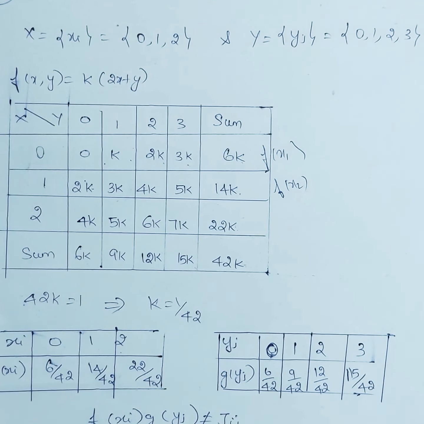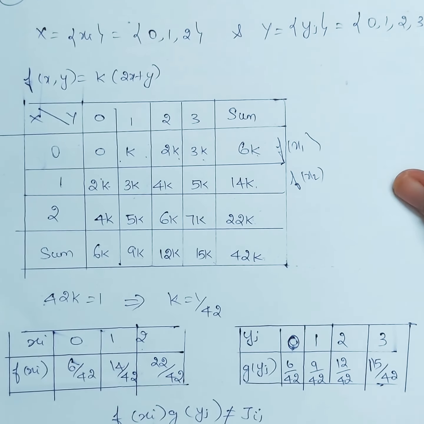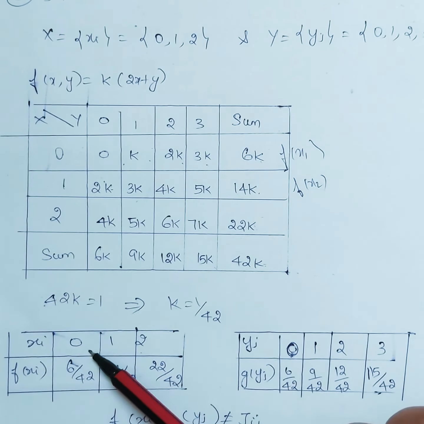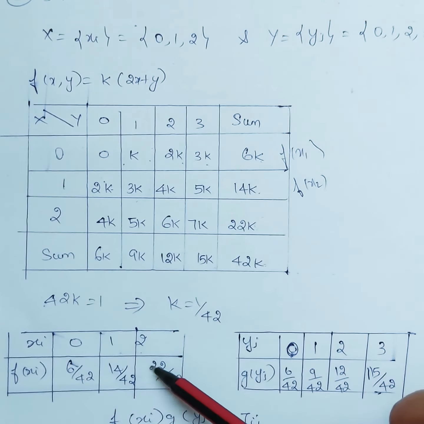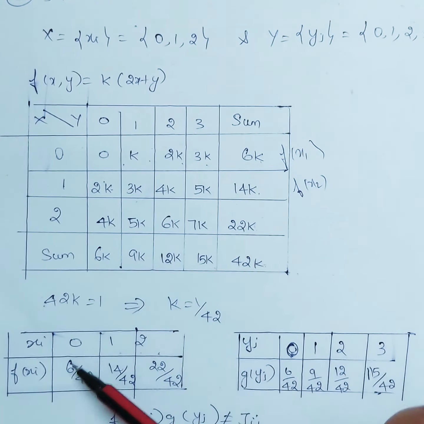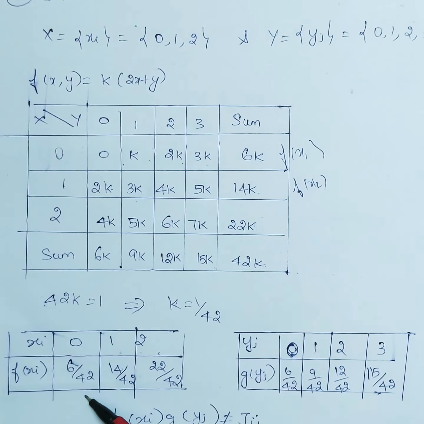That's it. So this is the total tabular column. When you are writing it in terms of individual tabular columns for x and y, we are writing the x values 0, 1, 2. What is the summation we got? 6k, so 6 into 1 by 42.